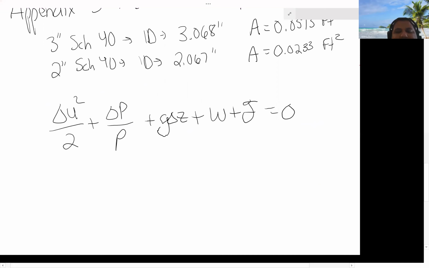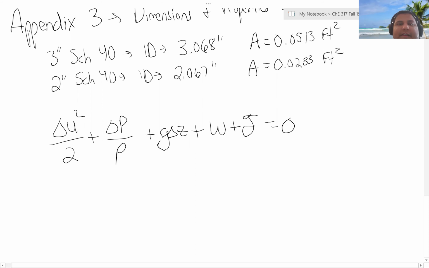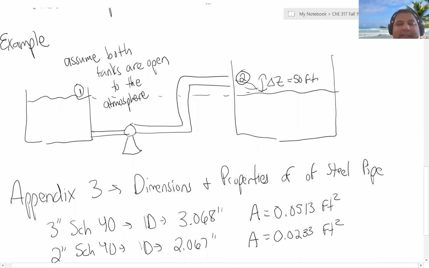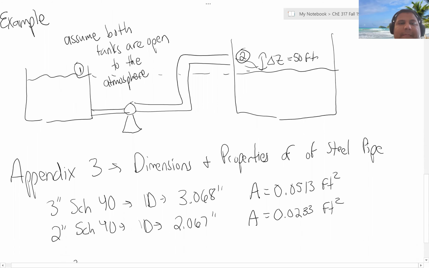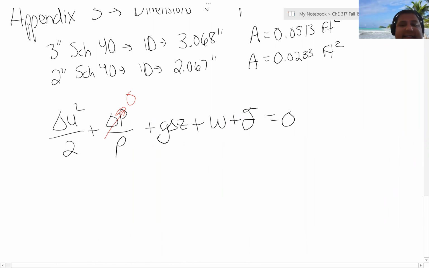So what values in this energy balance can I neglect for this problem? Could we neglect change in pressure? So yes, Claire. Since I said both tanks are open to the atmosphere, and I picked my points appropriately, I can say my delta P will be 0. What else can I neglect in this?